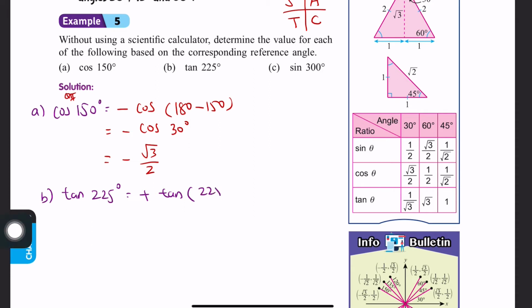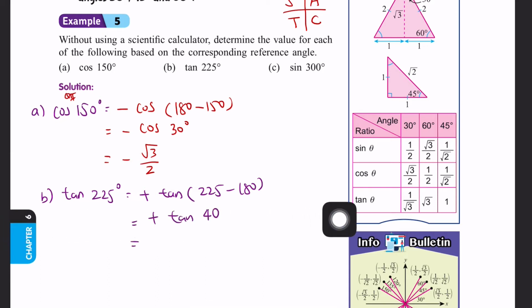So 225 minus 180, you will get plus tangent 45. Now tangent 45 is 1.